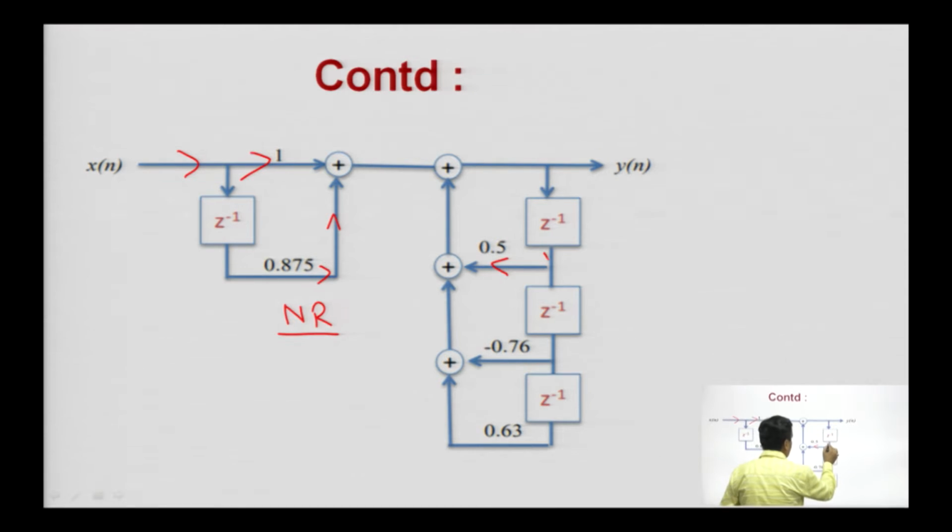For the first delay element it will be plus 0.5, there it was plus 0.76, so here it will be minus 0.76. So, sign will be interchanged, it will be opposite. If in the H(z) it was positive, here it will be negative and vice versa. Similarly, here it will be 0.63. So, this is your recursive part. Why? Because you are taking the past value of output signal with these opposite coefficients, because you are taking the feedback element, memory elements.